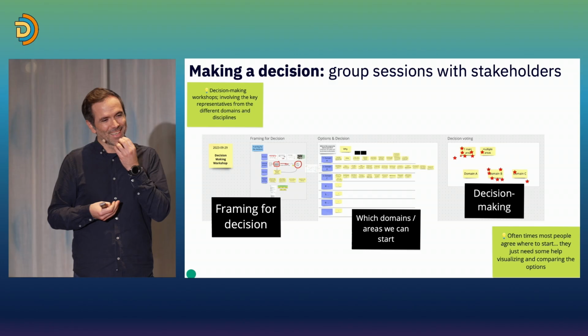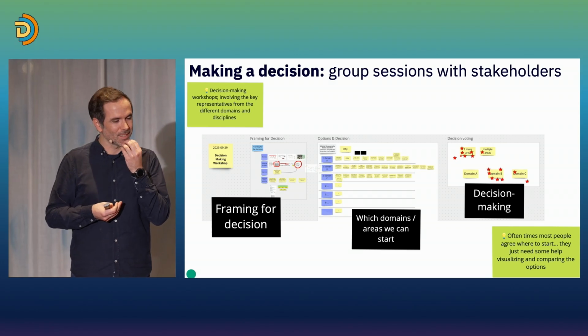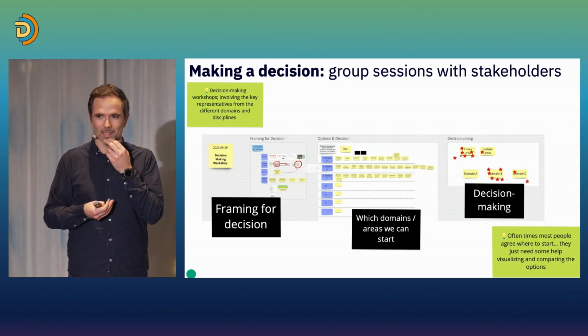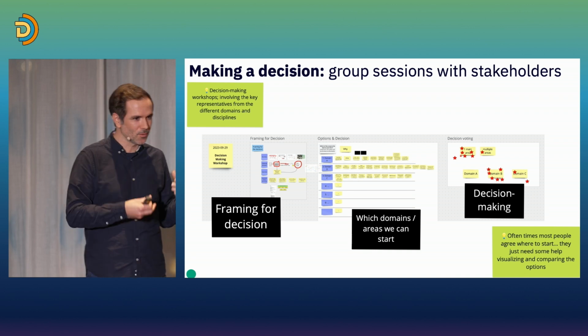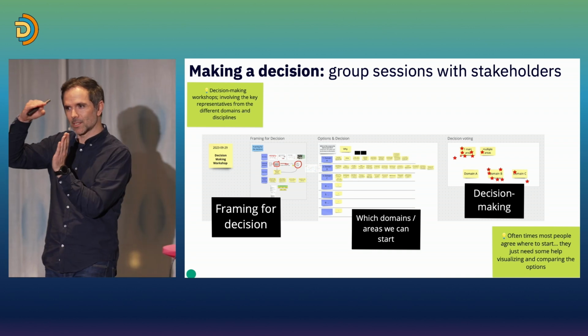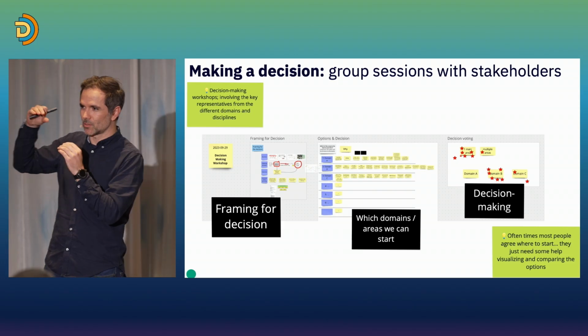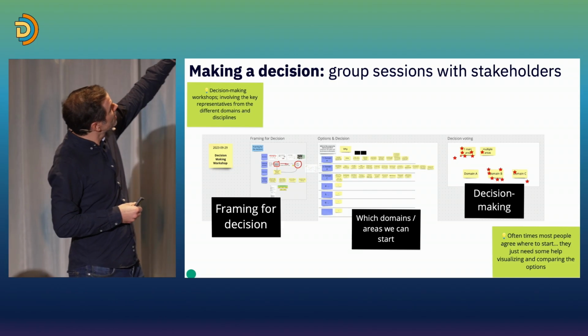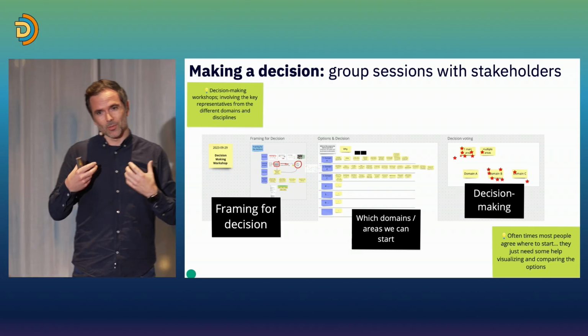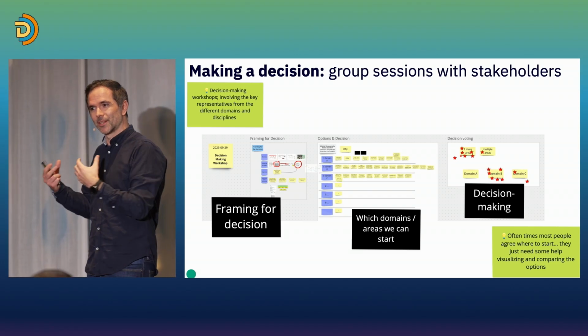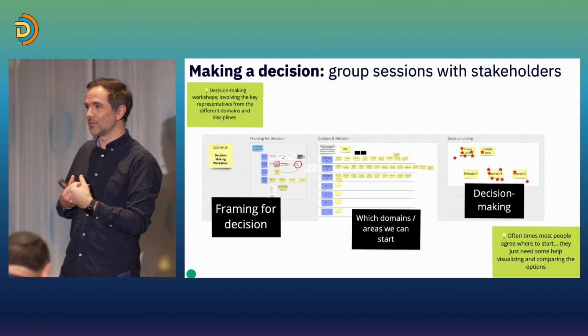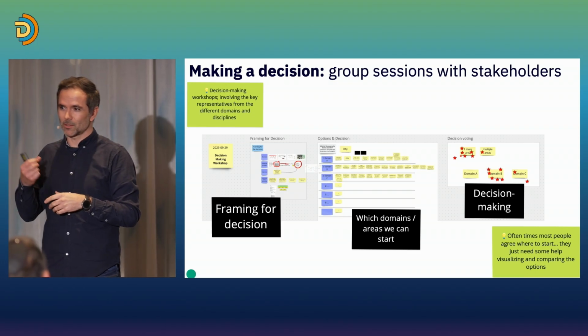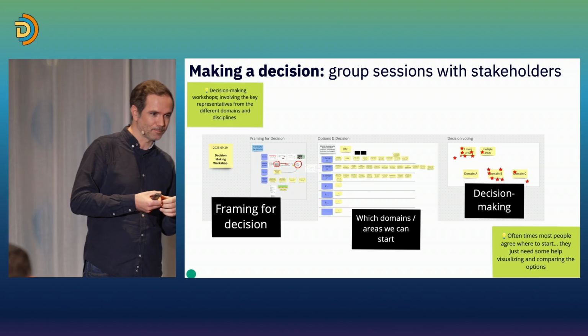And the very interesting thing is that in all of the workshops we did, all of that confusion, once we put things down and start seeing the options side by side, you see there on the right, we tried to see where everyone thinks we should be starting, and everyone agreed that we should start on that domain, for example.